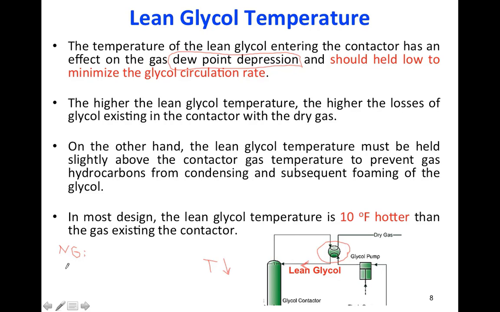It's the point where, when you condense a gas, you will see the first droplet of liquid. So natural gas has a dew point, let's say, this is not an exact number, I'm just giving you some idea, of minus 100 degrees C. It means natural gas at minus 100 degrees C will be condensed.